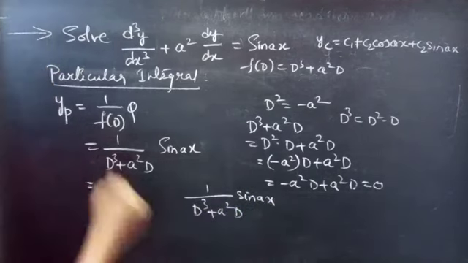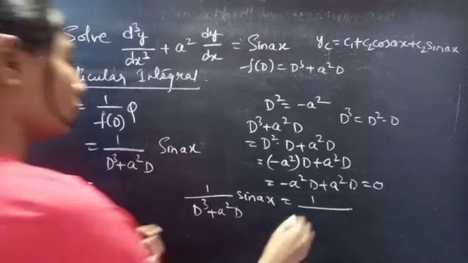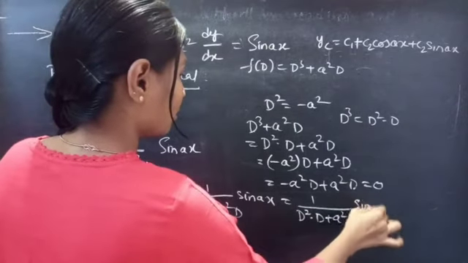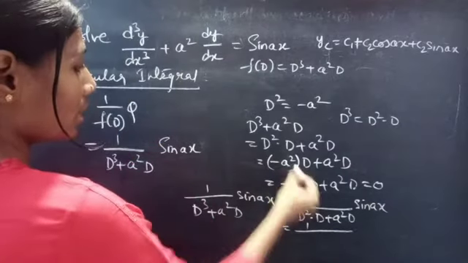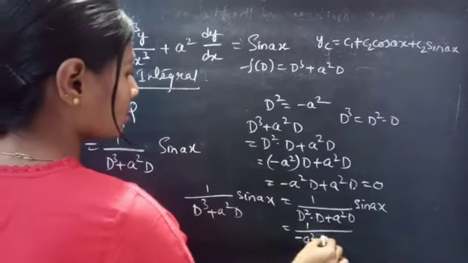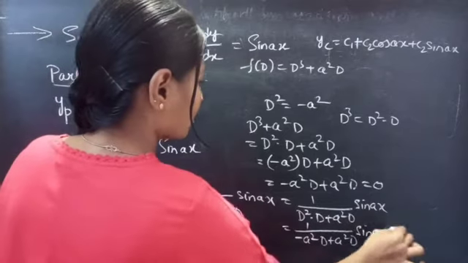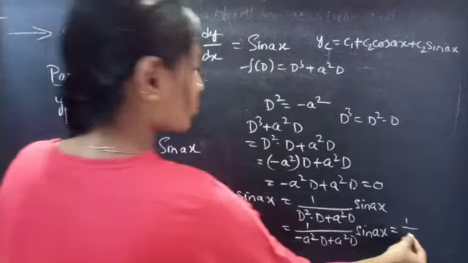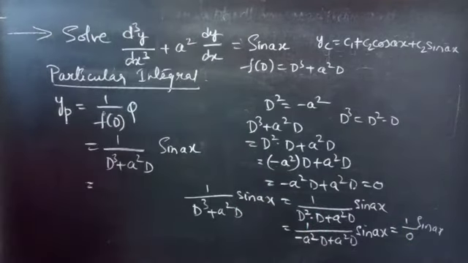That is 1 by d square into d plus a square d into sine ax. If you replace d square by minus a square, you'll get 1 by minus a square d plus a square d into sine ax, and minus a square d and plus a square d cancel, so you get 0. 1 by 0 is undefined.